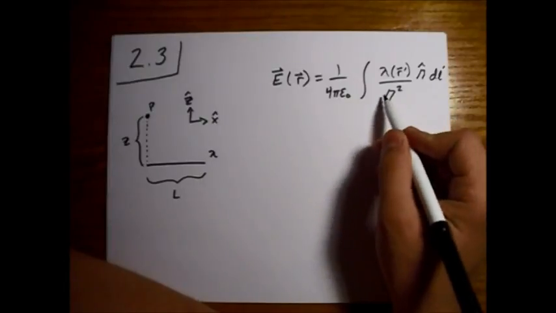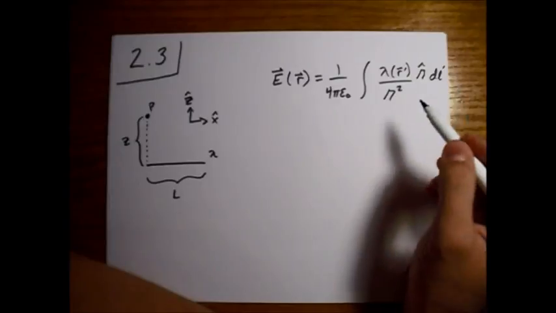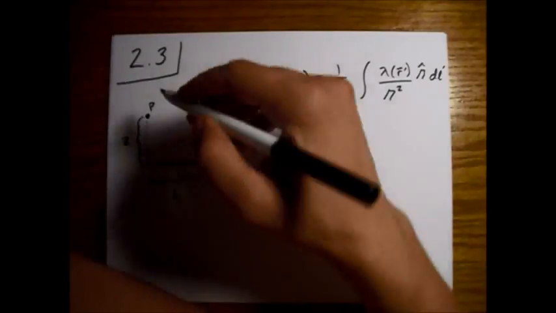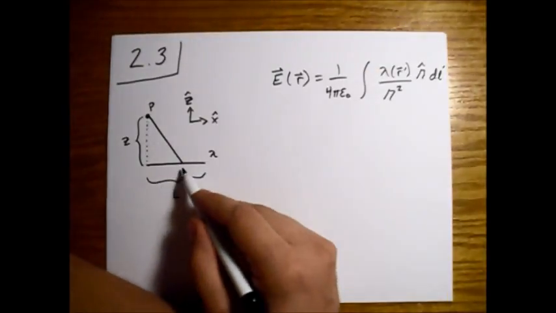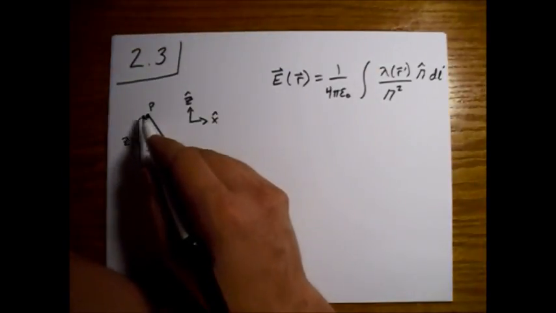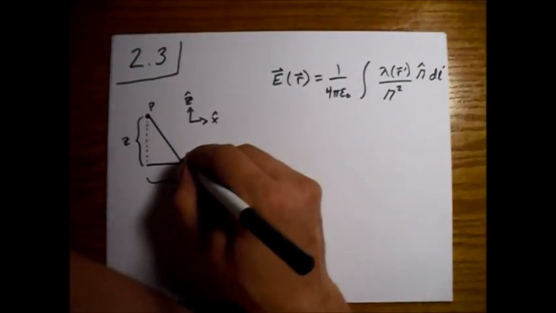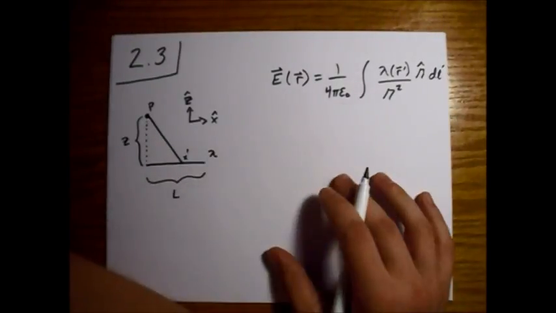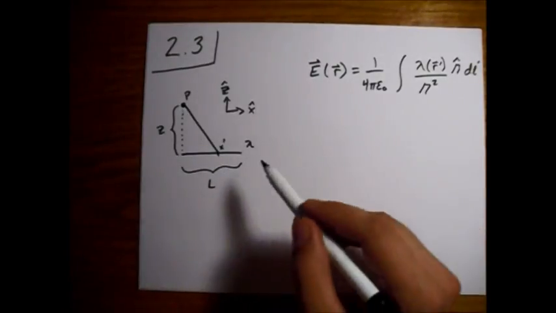This cursive r squared is the magnitude of the distance from the source point to the field point. So right here, I'll just call this coordinate x prime along this line.